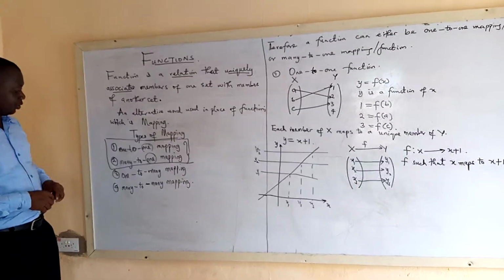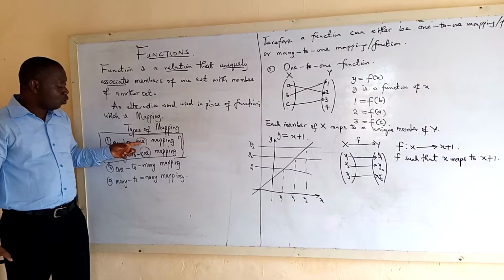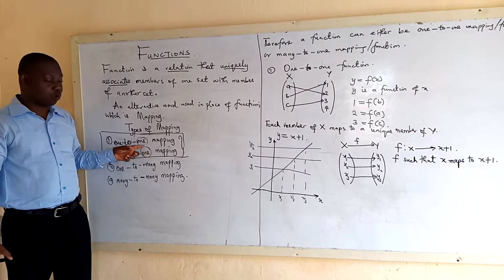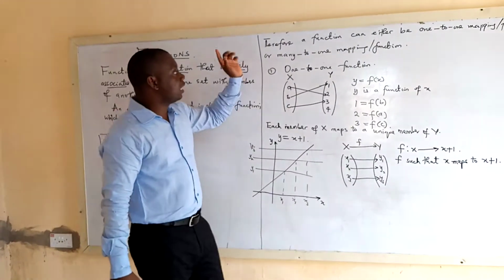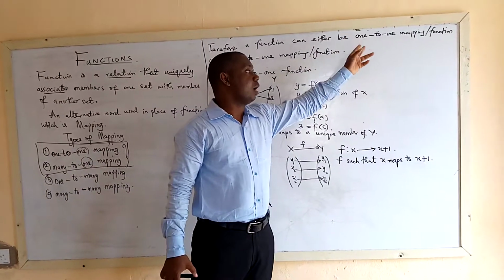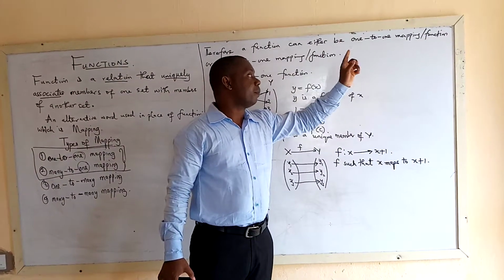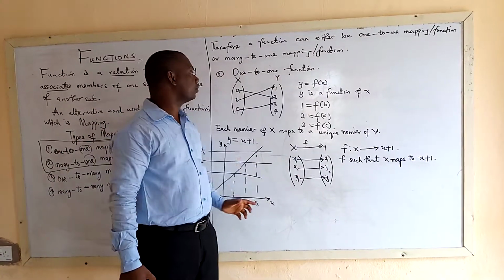Why are they functions? In a function, we only have one image, one output. So, I said, therefore, a function can either be a one-to-one mapping or a many-to-one mapping.